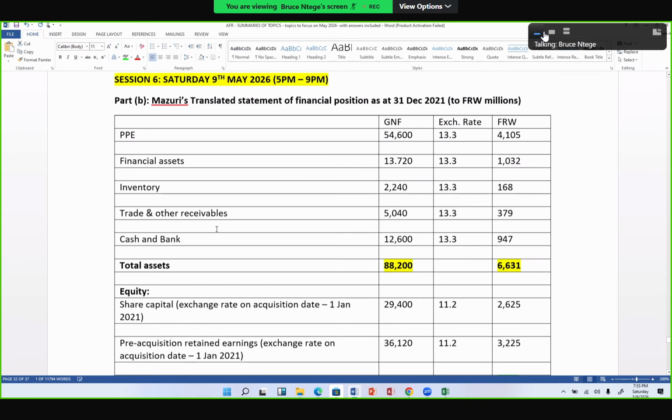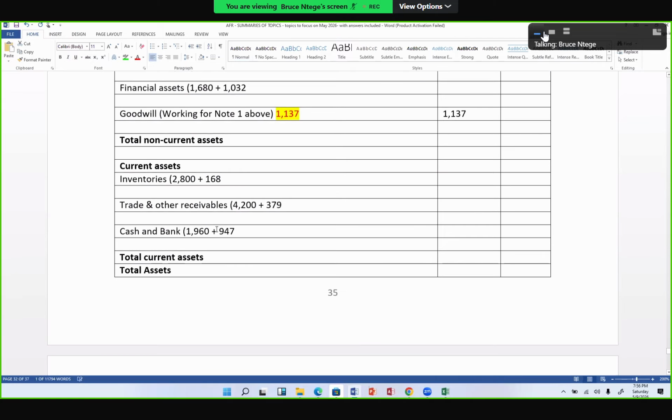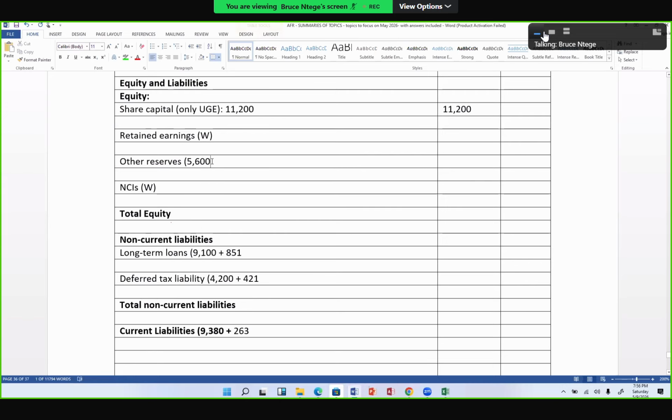So let me start with the other reserves, which is in the group balance sheet under equity. So I have these other reserves here. So I'll say minus 133, okay, which I'll say that this is based on the exchange loss on the retranslated goodwill in note 1 above.